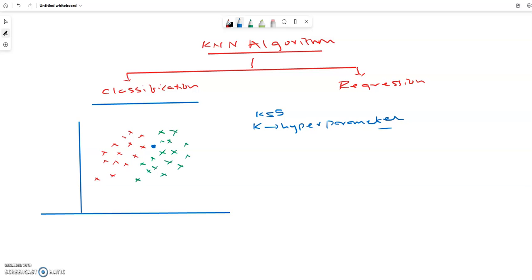Now when we set k is equal to 5, it will try to find out the 5 such points which are nearer to this new data point. So let's see what are those 5 points.